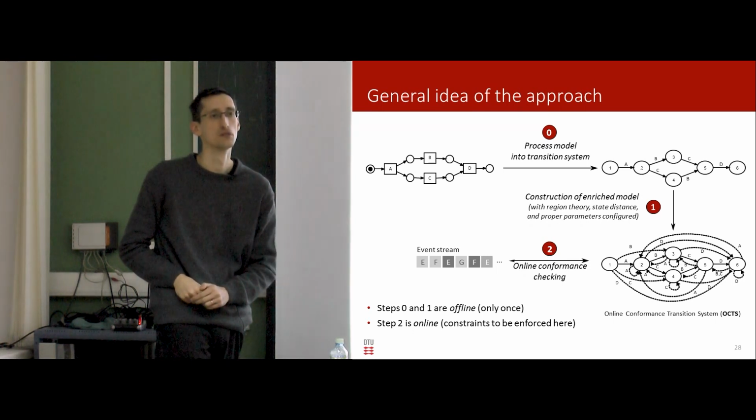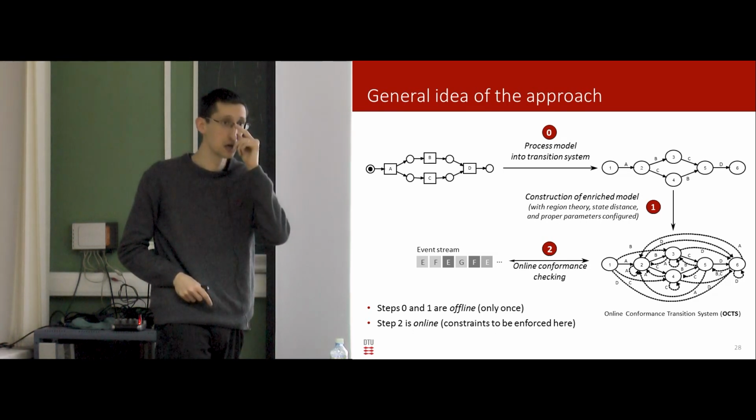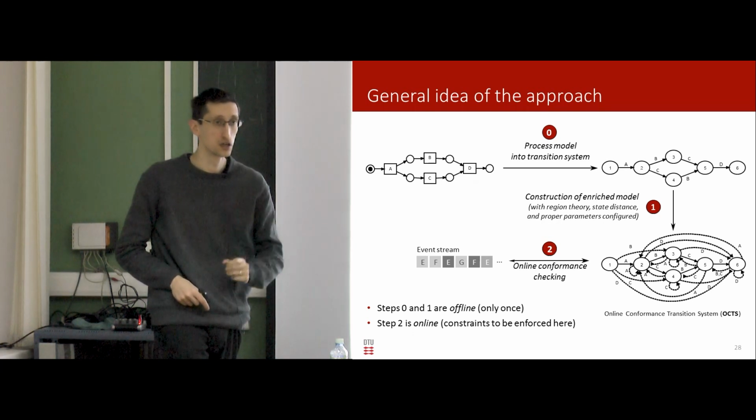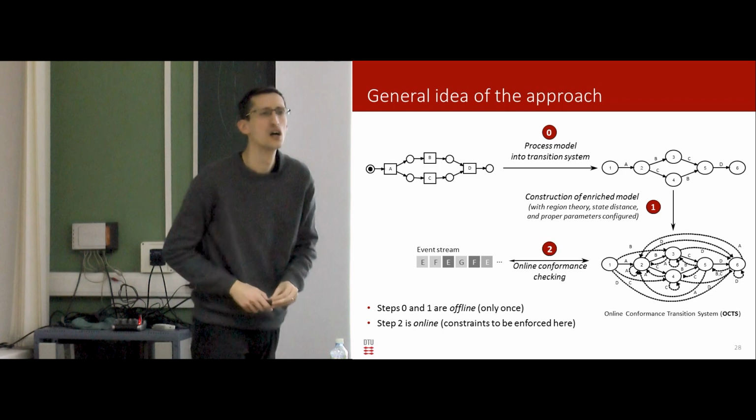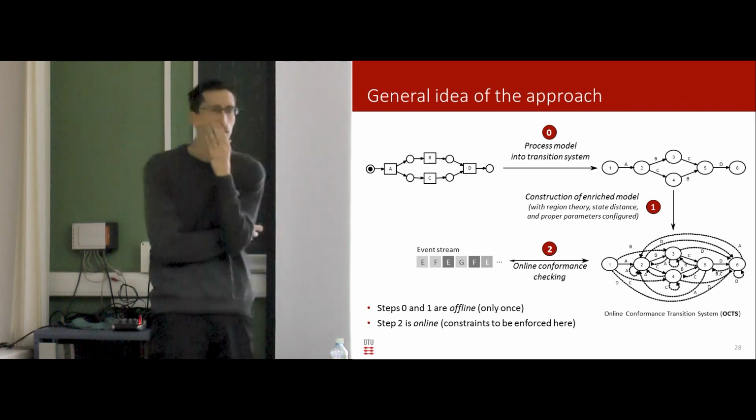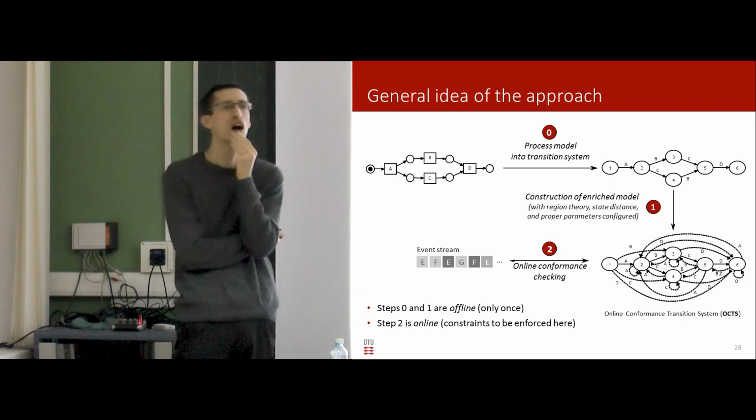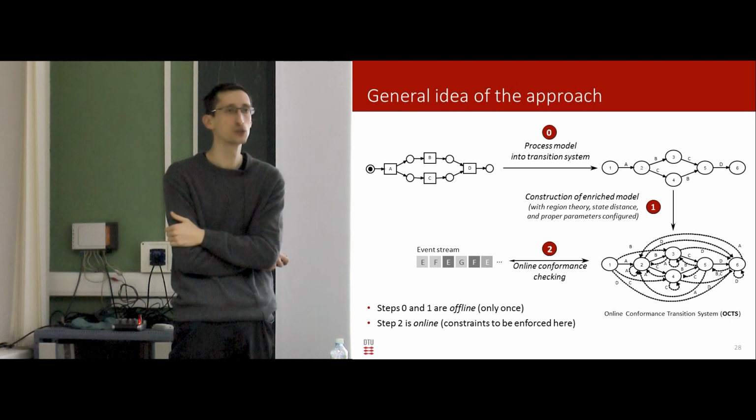Yeah. Can you update your model with weights on the arcs or some kind? Can you update your model by putting weights on the arcs? Yeah, absolutely. This is what we do.